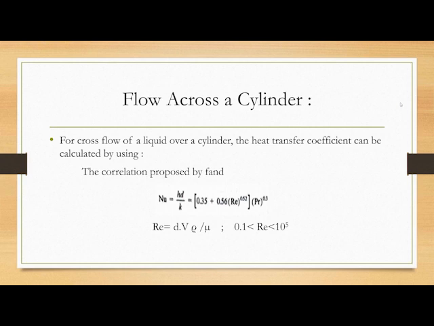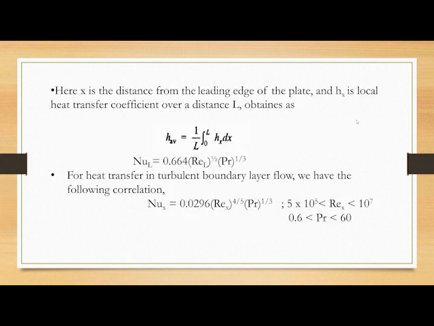Now let's discuss a situation where we shall be making use of this correlation that we obtained here. Suppose air is flowing over a given flat surface of a given length, oriented in the given direction of flow and maintained at a certain temperature, and we have been given a certain velocity of air and are asked to calculate the average heat transfer coefficient.